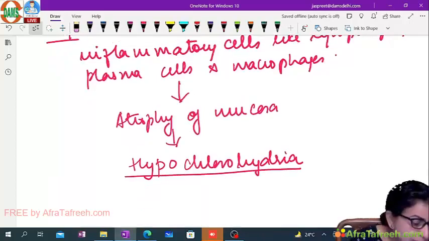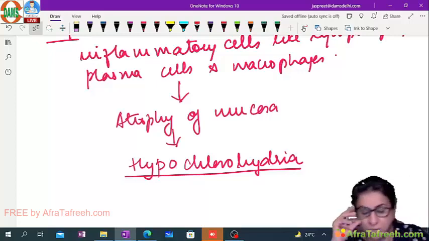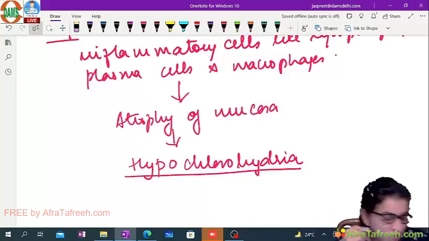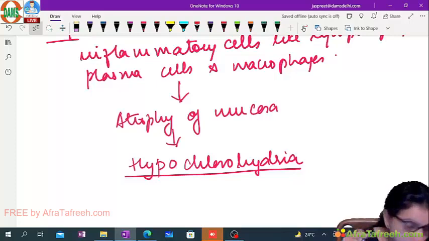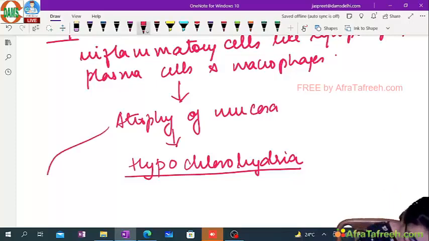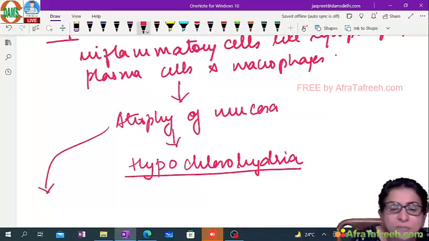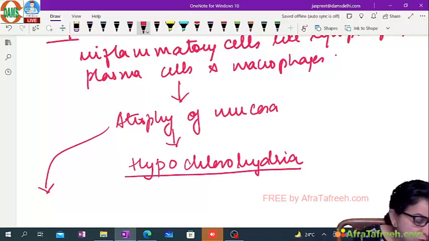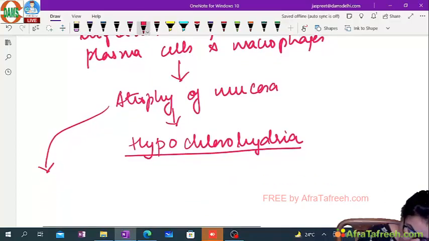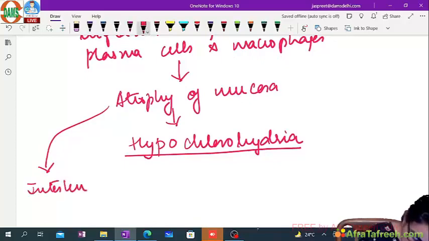So there's decreased acid production or hypochlorhydria. And second, chronic gastritis is ultimately causing atrophy of the mucosa, and atrophy may lead to intestinal metaplasia in the stomach.